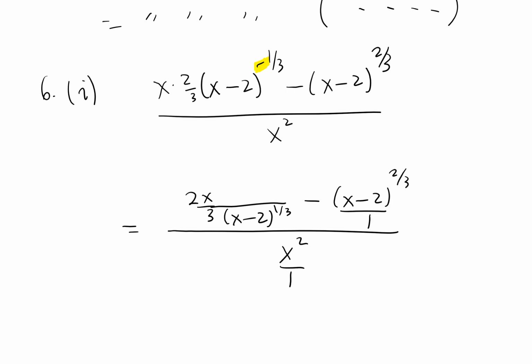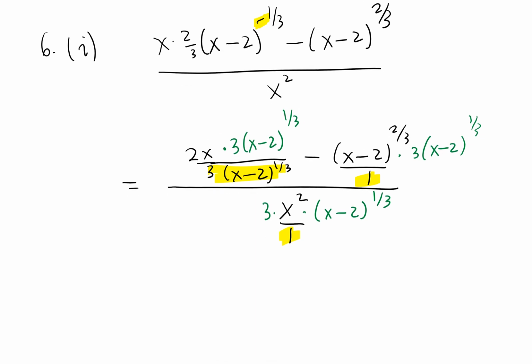So the LCD to all these fractions is the first one, which I'm going to multiply by 3 times x minus 2 to the 1/3, and the same for the others. And what do we get for this?